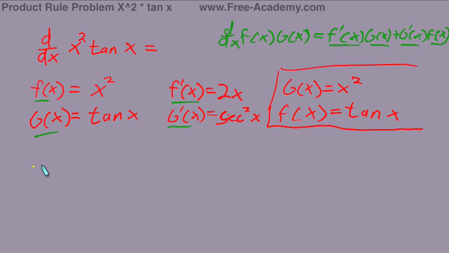So f prime of x equals 2x, g of x is tangent of x, plus g prime of x, which is secant squared x, and f of x, which is x squared.